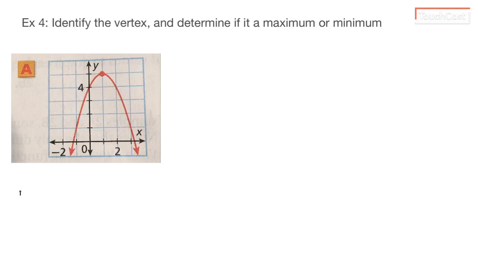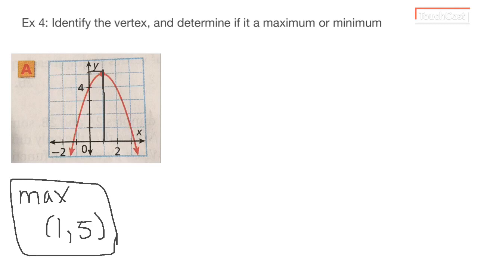We can just say max for short. And then we give the ordered pair. If we take that point and draw a line down, and then also a line over, we can know the x and the y values. So the ordered pair, the x value is 1, the y value is 5.